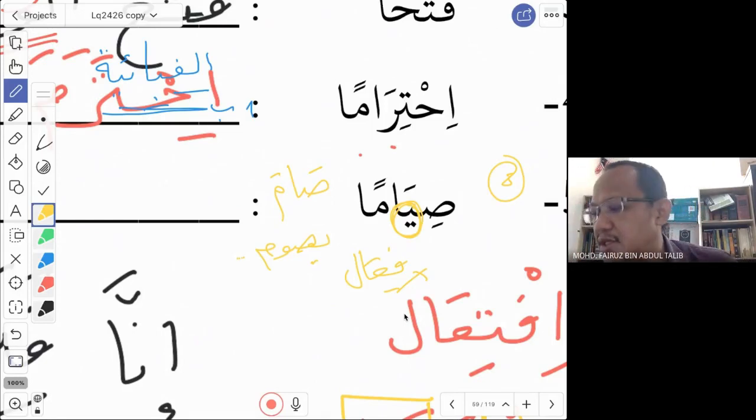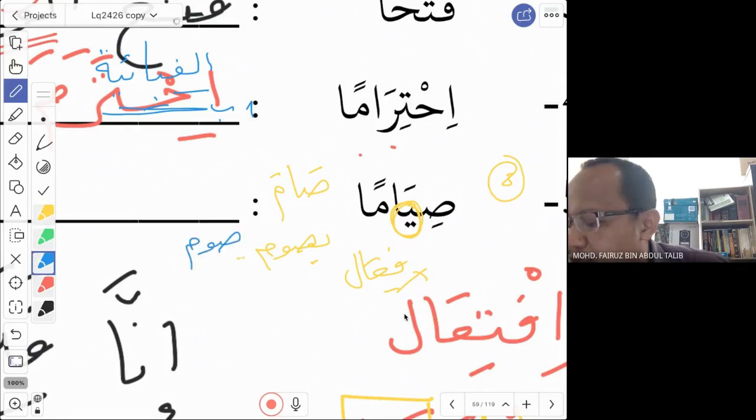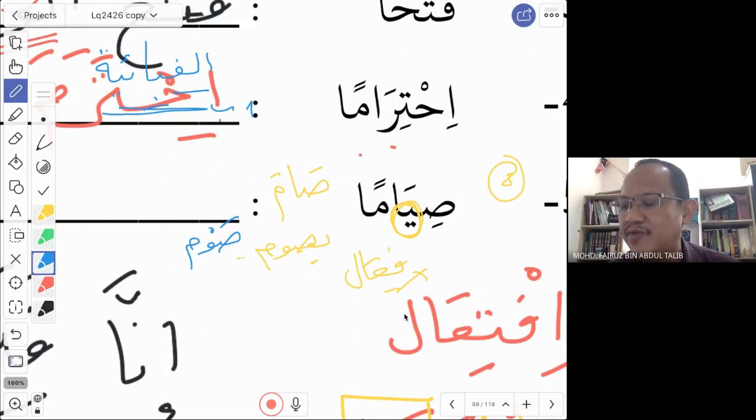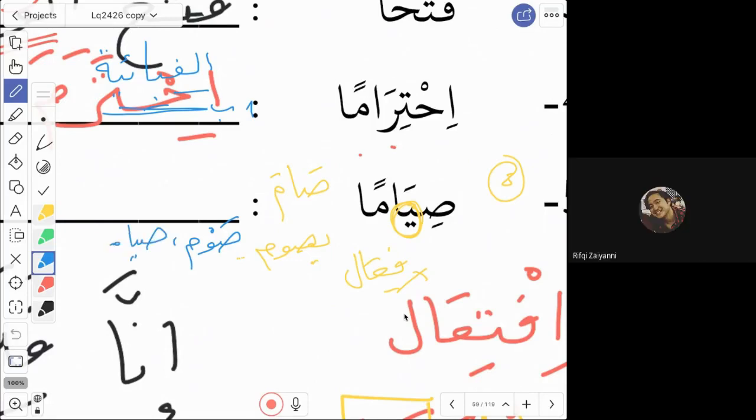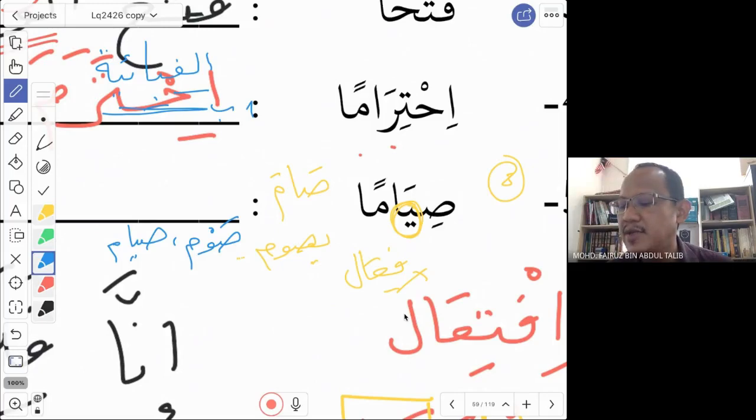For example, this word: sama yasumu. The first masdar is saum. This is the one we normally use, right? We say saum Ramadan. Nawaitu sauma ghadin. That is one of the masdar. Another masdar is siyam.